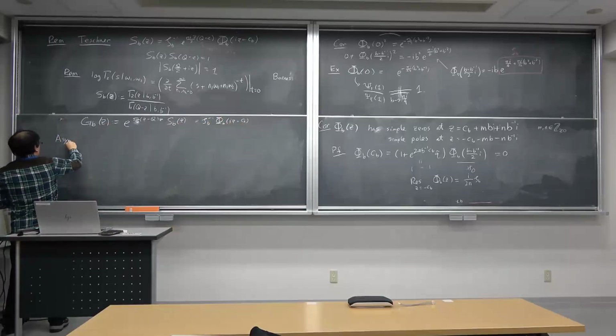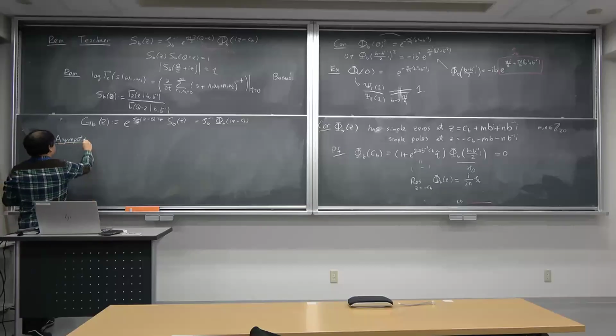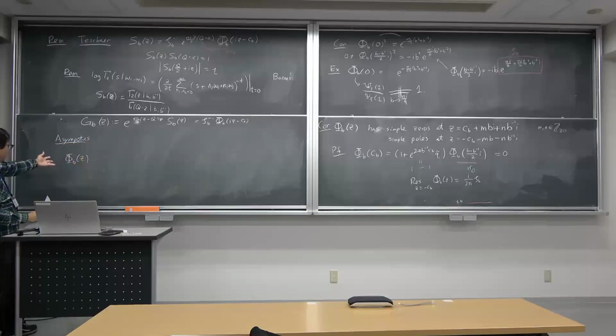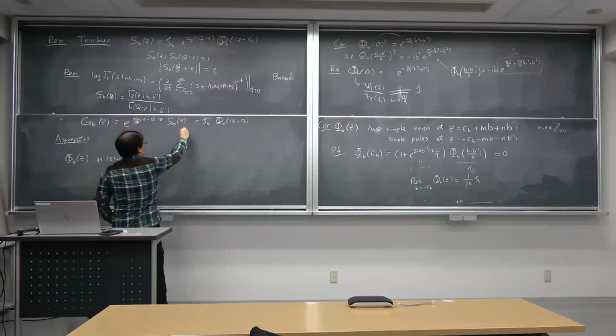And since we have complex functions, we should talk about asymptotics. So again, we look at the situation when z goes to infinity. And it's better summarized in a graph.